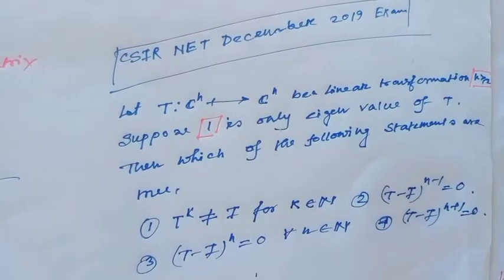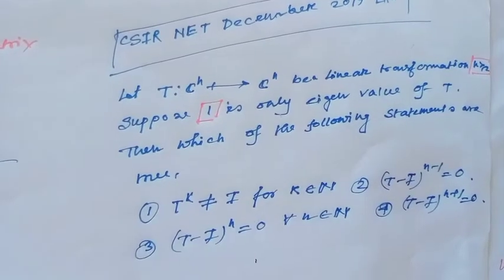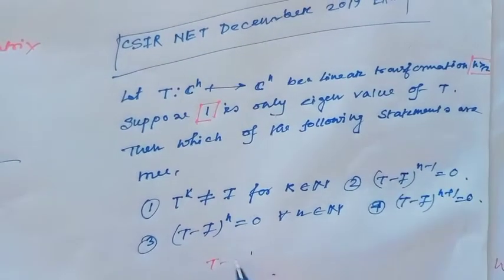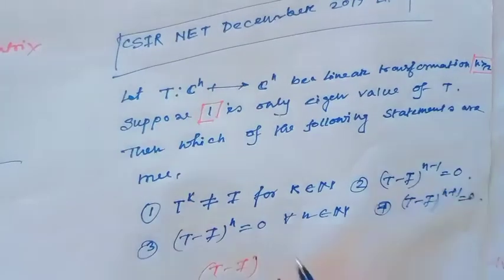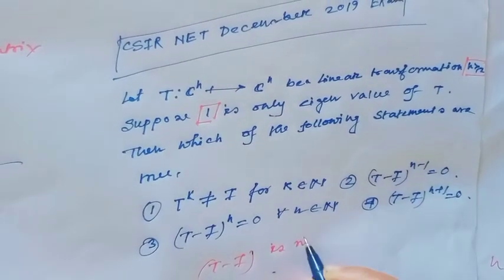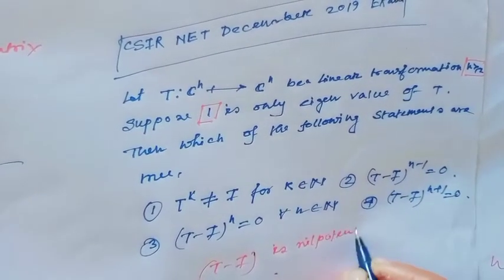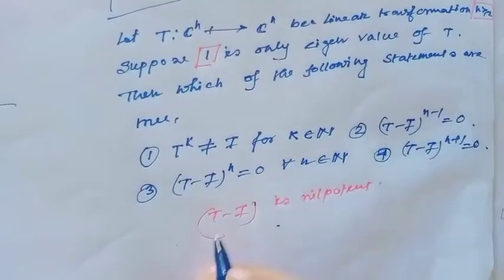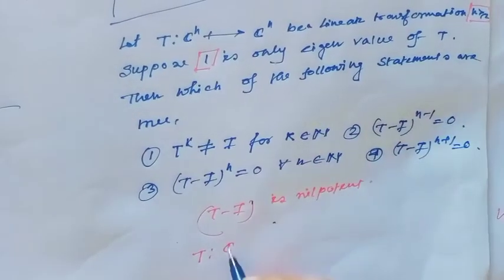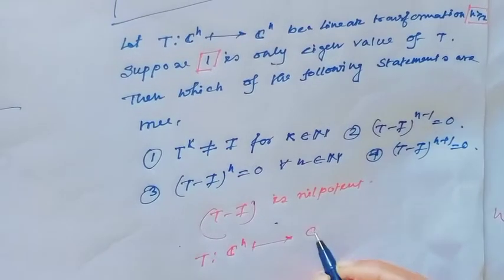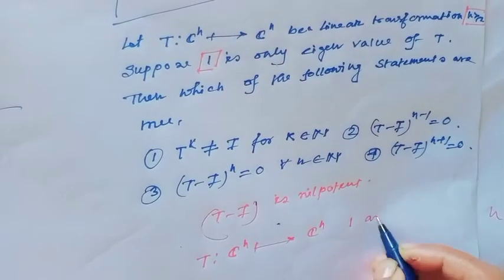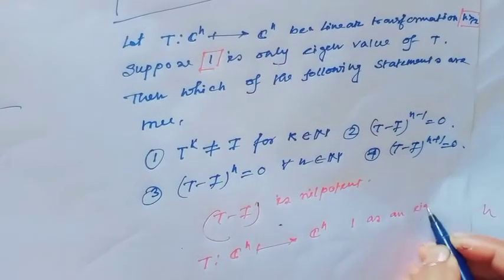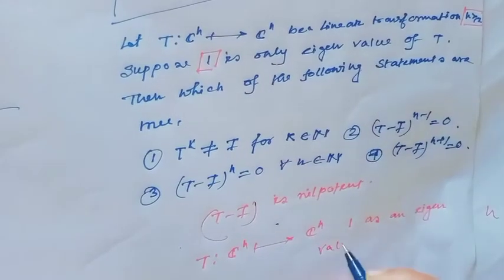And I will say here that the operator T - I is actually a nilpotent operator. Why? Because here the linear transformation maps from C^n to C^n with 1 as an eigenvalue of this transformation.